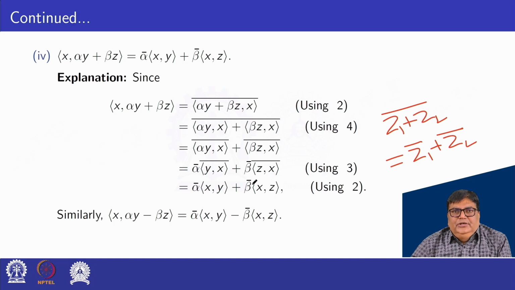Again, using property 2 of inner product, we can write this expression as alpha bar into inner product of xy plus beta bar into inner product of xz. So this is proved. Similarly, inner product of x, alpha y minus beta z equal to alpha bar into inner product of xy minus beta bar into inner product of xz.